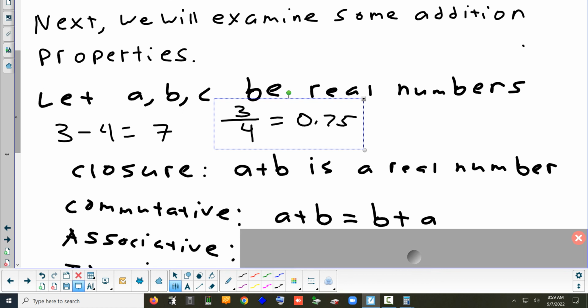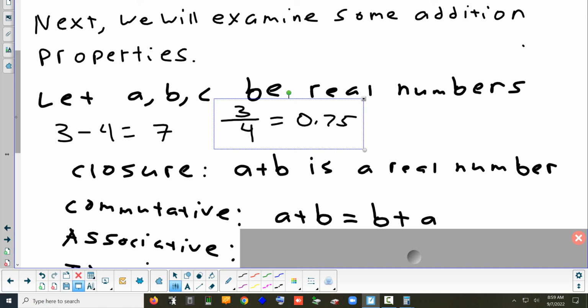How about associative? Does anyone remember what that one is? Associative doesn't have to do with the order you do something in. It has to do with something else. Think about the word associate.